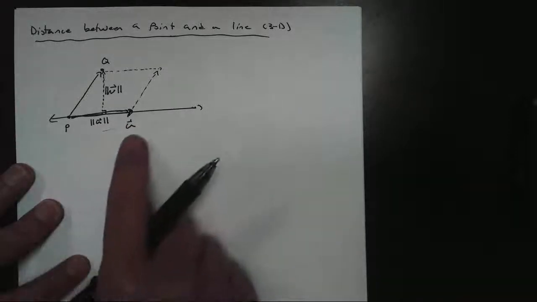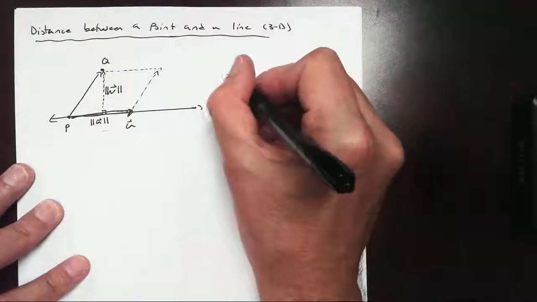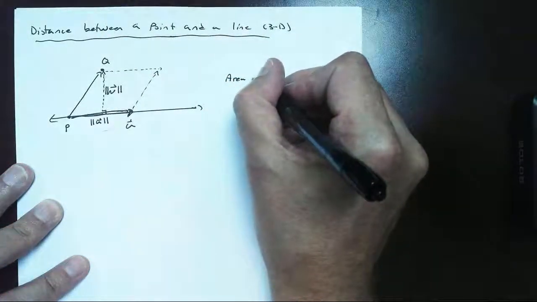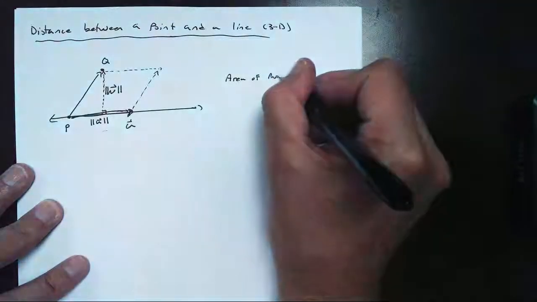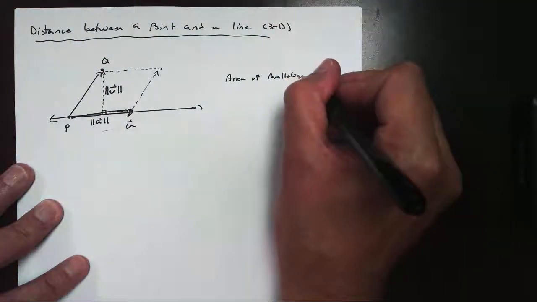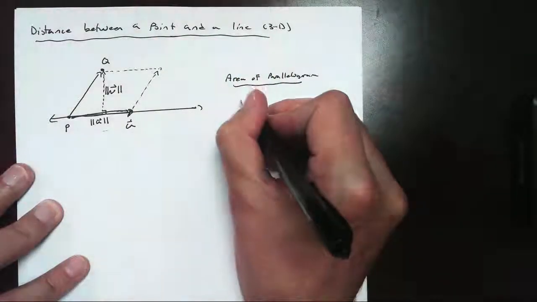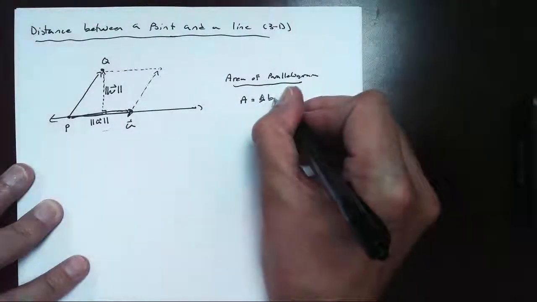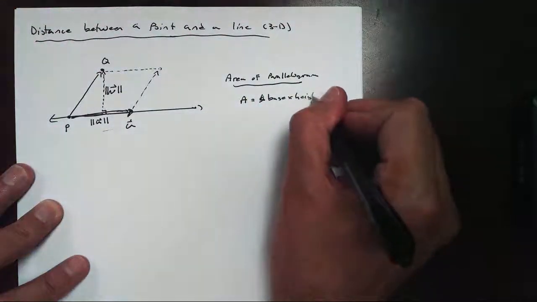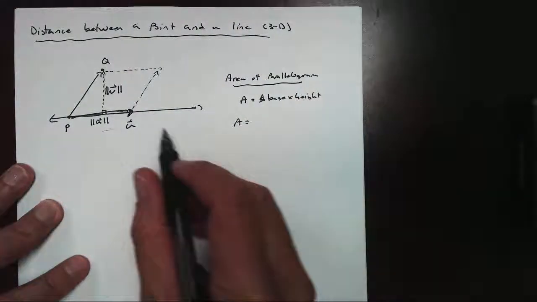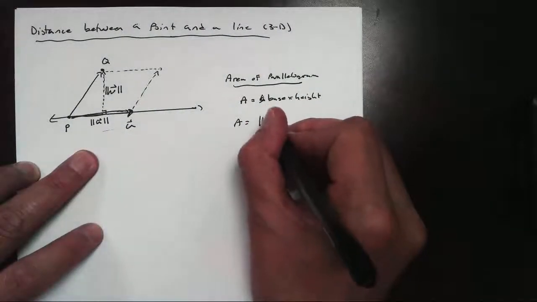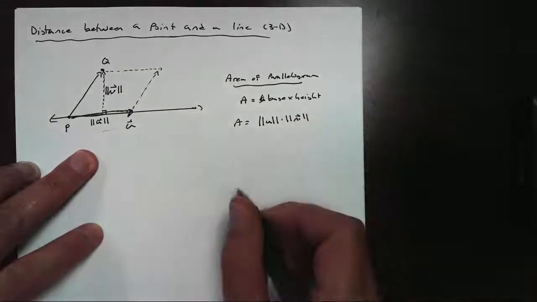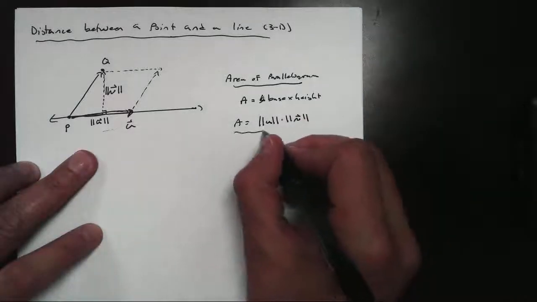From geometry, we learned that the area of a parallelogram is given by the following equation: A equals base times height. If we look at our parallelogram, the base is just the magnitude of u, and the height is the magnitude of our normal vector. So that's the area of a parallelogram.